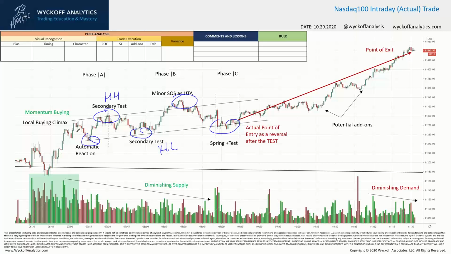And then we have a slightly upsloping structure here that we are labeling with phases: a very obvious change of behavior, secondary test, phase A, test in B, test in B, and then this bar is very telling.